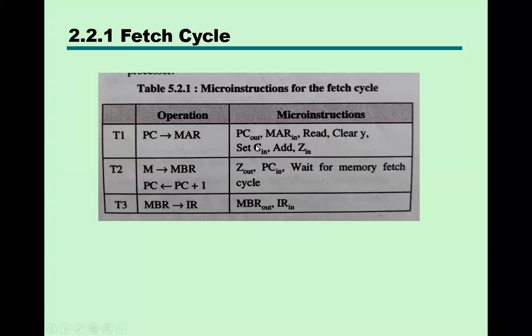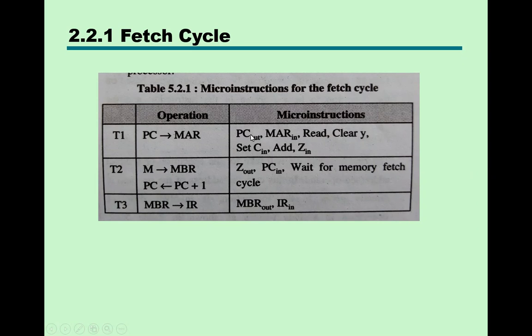Because you have to make this pin PC out and the MAR in, so that whatever address is there at the program counter will be loaded into the MAR in, right? Whatever the address in this PC register, you have to upload that address into the MAR register.